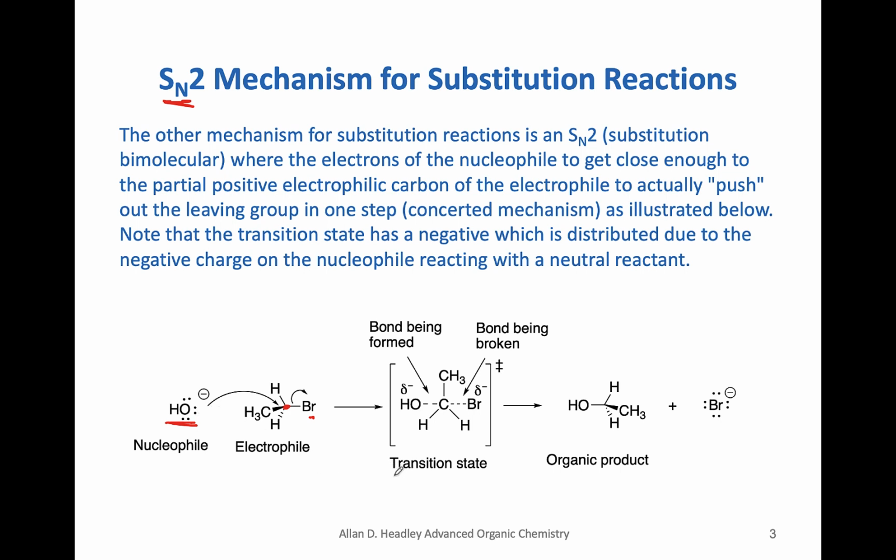Another aspect of the transition state, as you know, is that it's a description of the bond forming and bond breaking as the reaction proceeds from reactant to product. So this is the transition state here. The transition state falls apart to give the organic product, which will be the leaving group and the organic molecule.